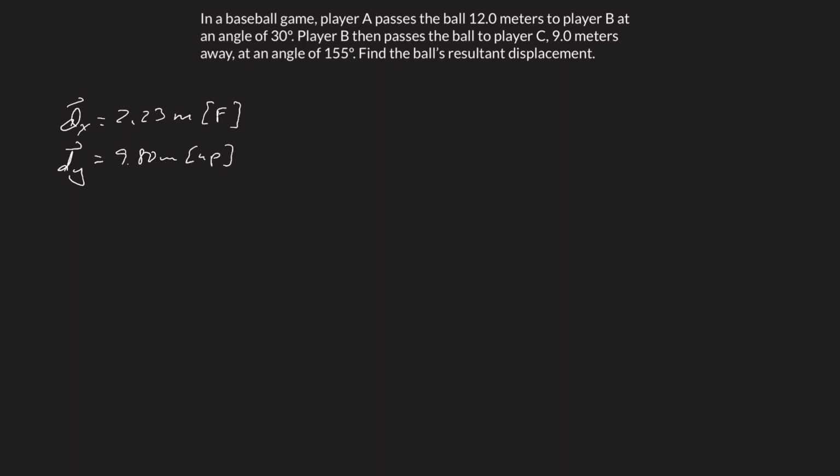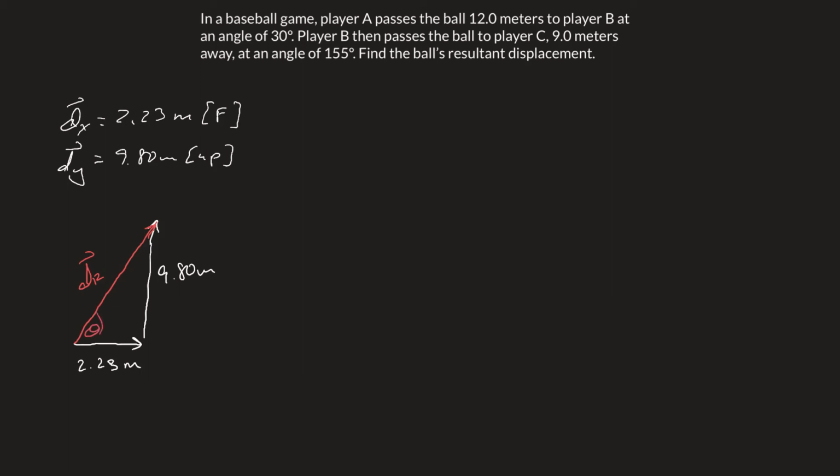So we can go ahead and draw this diagram. So that's about 2.23 meters forward and 9.80 meters up. This leaves us with a right angle triangle where the hypotenuse is going to be our resultant from the previous question. And we'll have an angle theta in here, which we can also solve for.